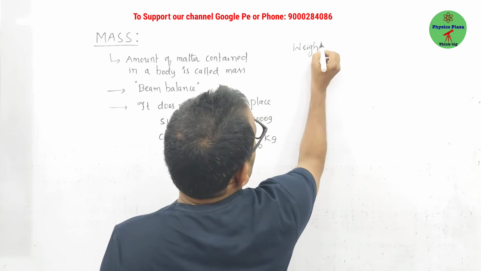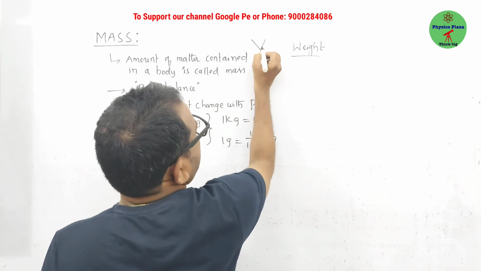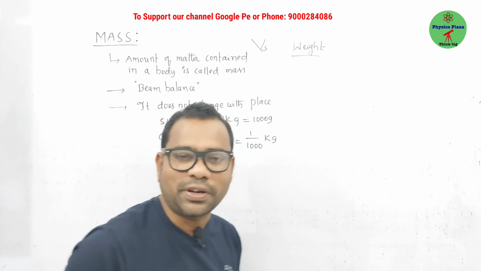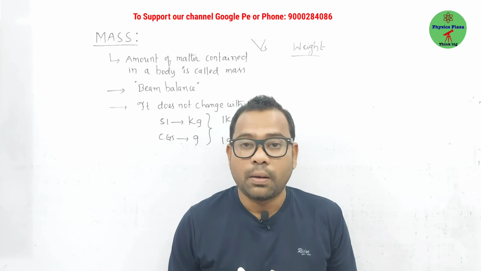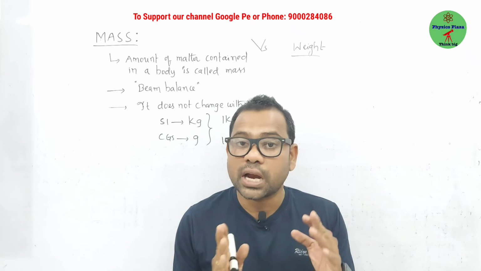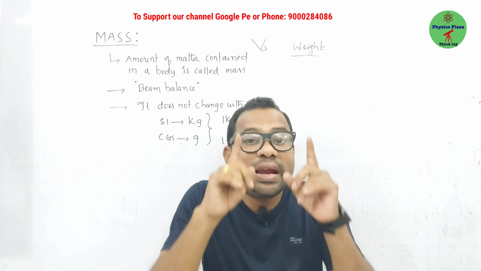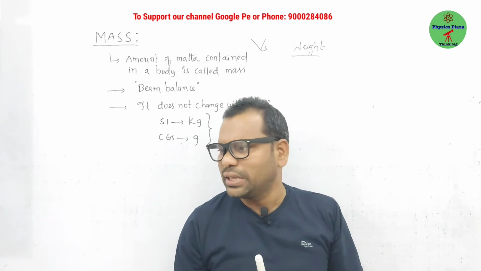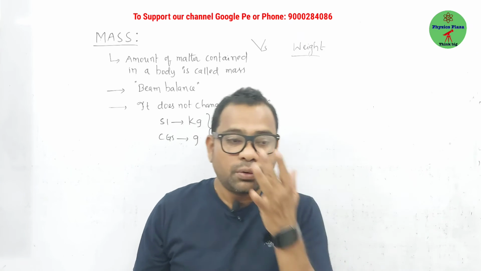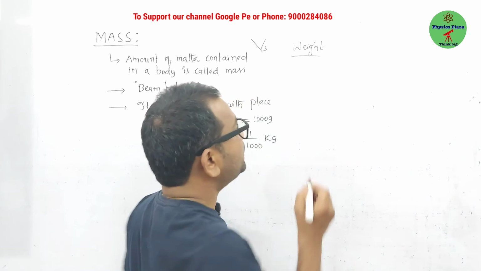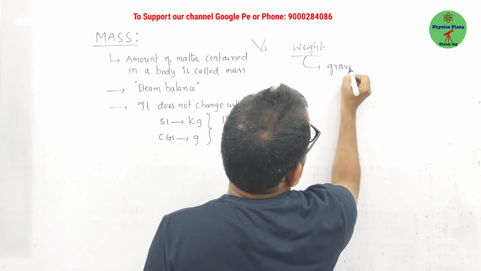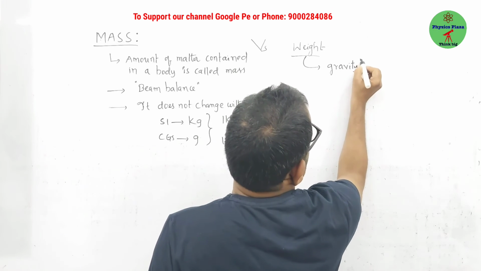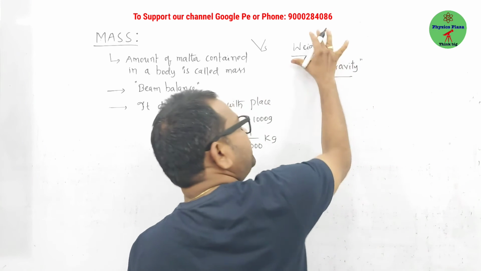Weight. In fact, you can learn mass versus weight. Dear children, mass cannot change. Mass can't be 0, but weight can be 0. You may ask, sir, how can weight be 0? Because weight depends on gravity. If gravity is more, weight will be more.